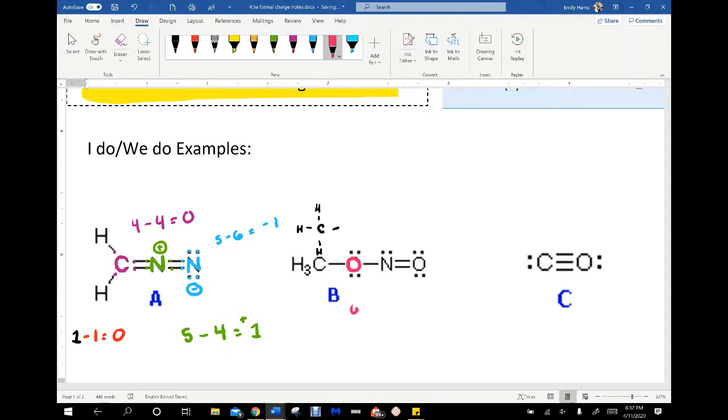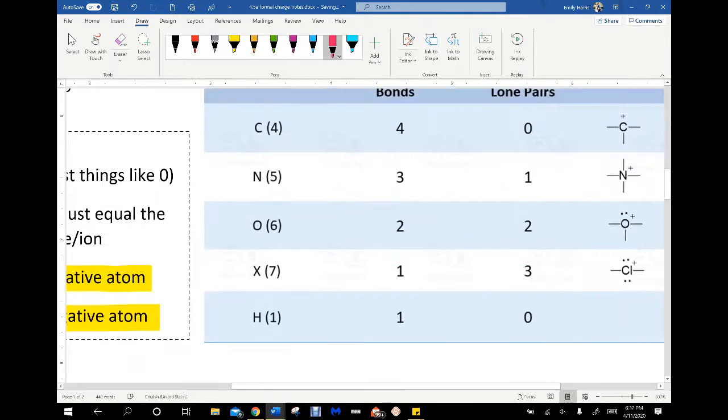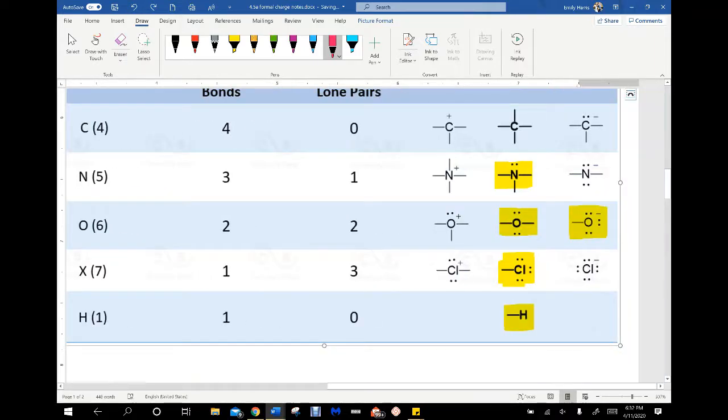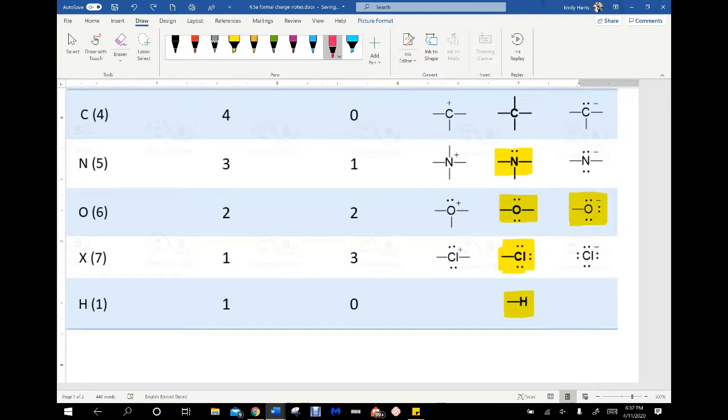Oxygen starts out with 6 valence electrons. So let's count around. 1, 2, 3, 4, 5, 6. 6 minus 6 is 0. And again, that's another one of our patterns: oxygen, when it is double bonded or has 2 bonds and 2 lone pairs, should have a neutral formal charge.